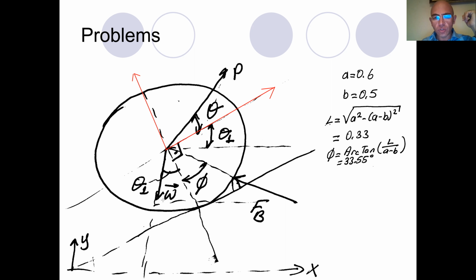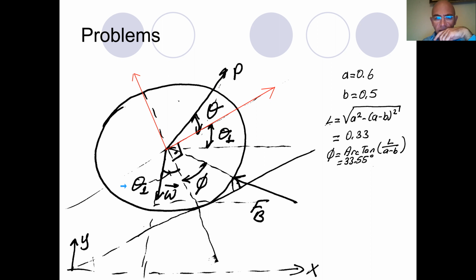And I will write the forces. So I have the weight. Remember that this angle is theta 1. As a result, this angle is theta 1, too.